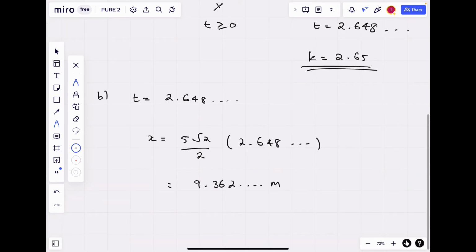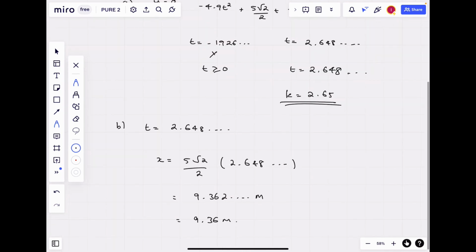So to 2 decimal places, 9.36. And you ideally want to give 2 decimal places because k was also to 2 decimal places. There you go. Modeling with parametrics.